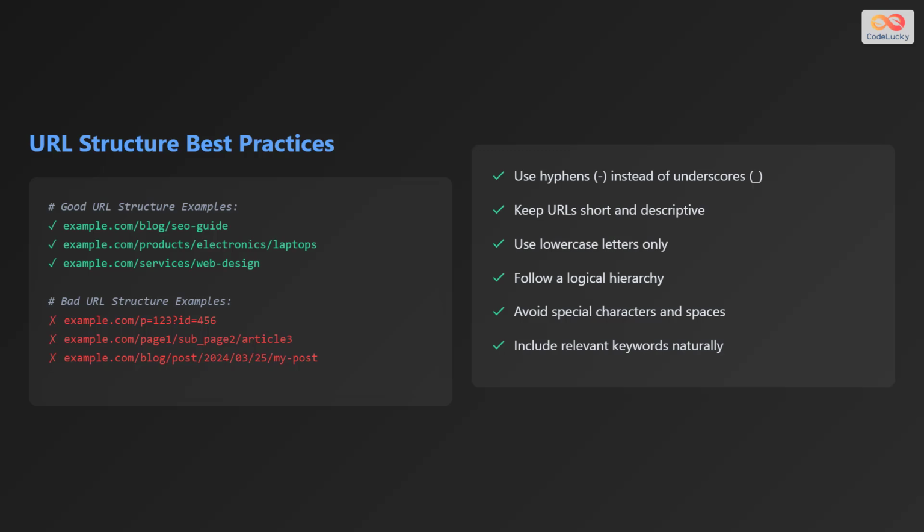On the other hand, some bad examples are example.com/p=sign123?ID=456, example.com/page1/sub_page2/article3, and example.com/blog/post/2024/03/25/my-post.